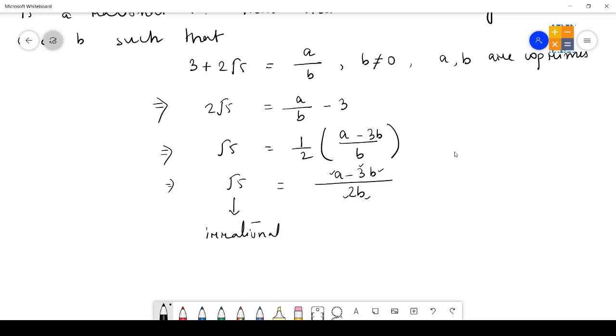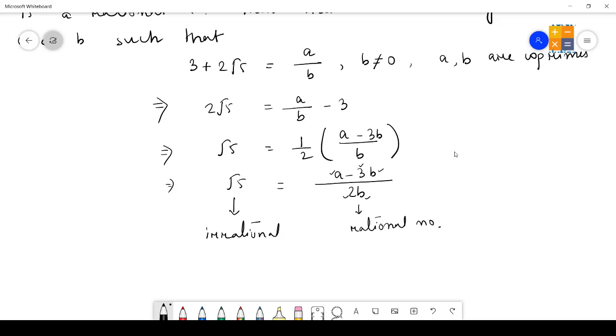So subtraction, addition and multiplication of integers can also be represented as integers. So numerator part divided by denominator part, in the numerator part also there is an integer, in the denominator part also there is an integer. So ultimately what conclusion can we draw for this right hand side? This is a rational number.